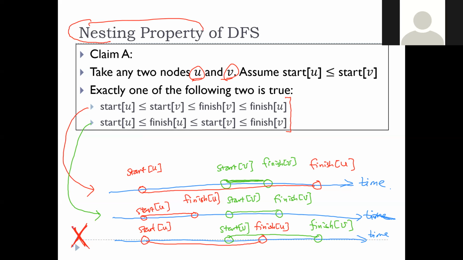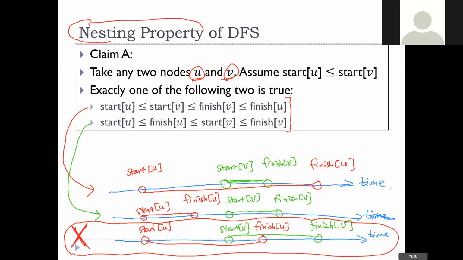One is nested in the other. So the last case is not possible. This cannot happen. We're going to see very soon how to use this property. There are different consequences of this nesting property, and later we're going to see an application of this, how this is useful.